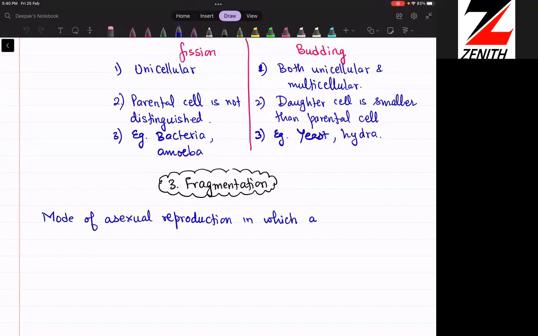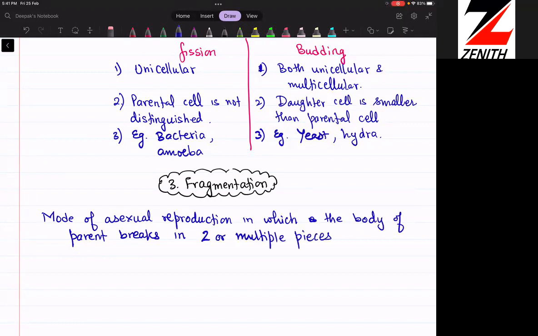Okay, let's take it. First of all, a mode of asexual reproduction in which the body of the parent breaks into two or multiple pieces. It does not have to be multiple pieces only.